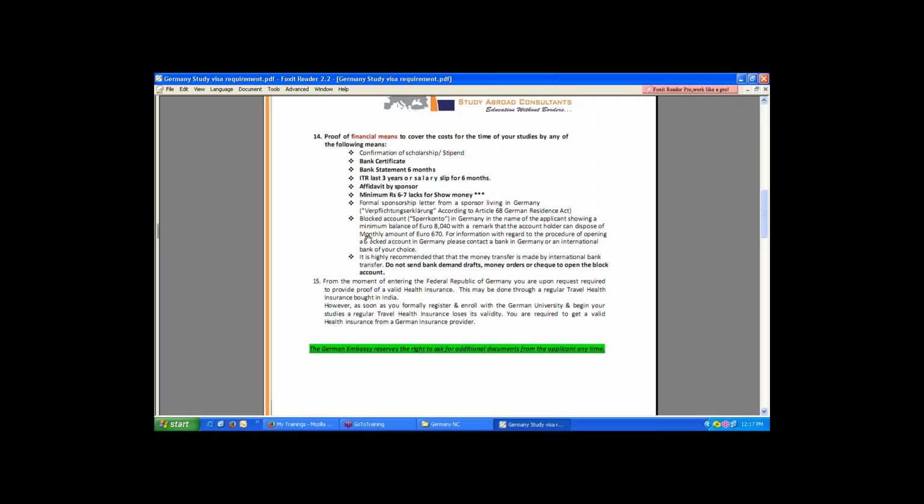So the processing time to open a block account in India is approximately 2 weeks. The Indo-European Visa Department can assist the student on how they can open their block account in Deutsche Bank in India.